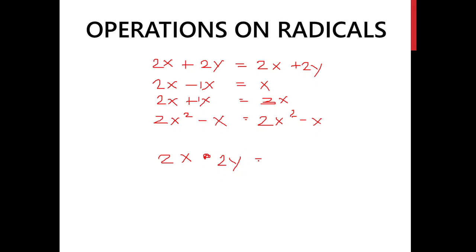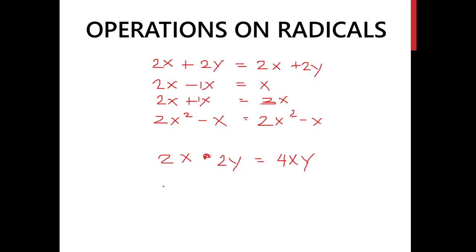So this one, multiply the numerical coefficient, so that's 2 times 2 gives you 4. And since x and y are not the same variable, you can copy it here as a multiplication. So the result would be 4xy.